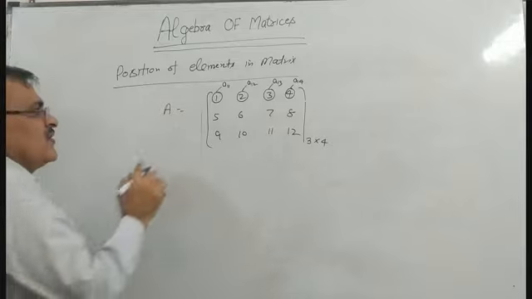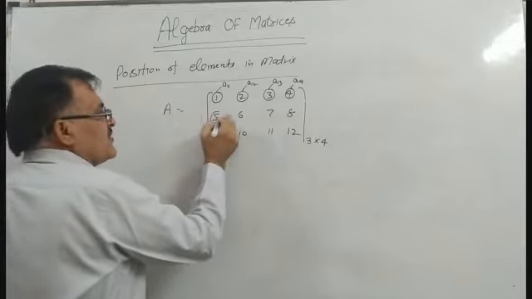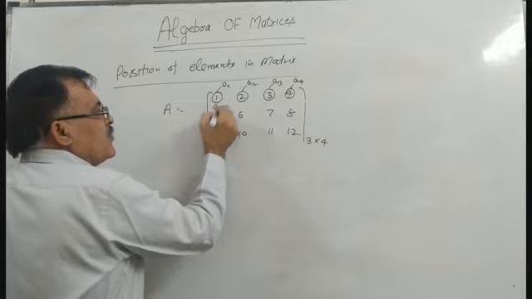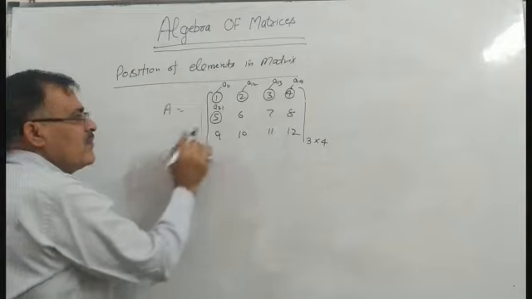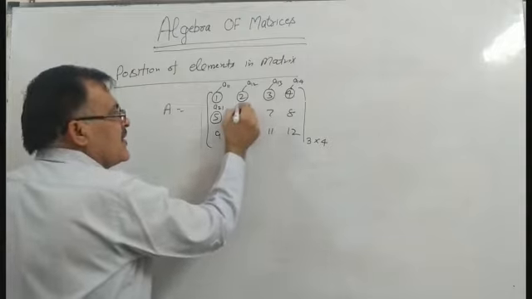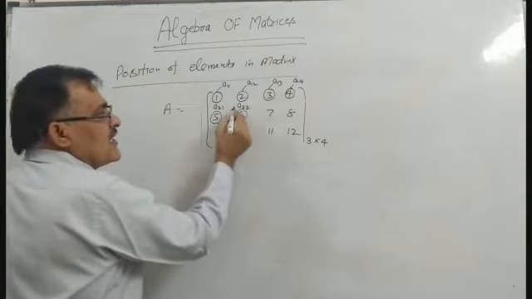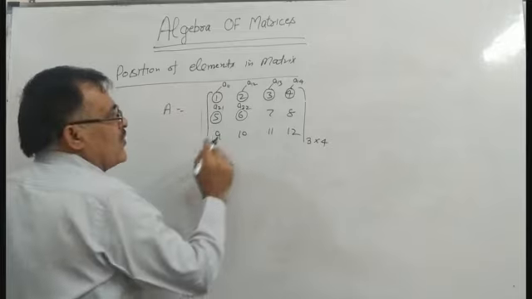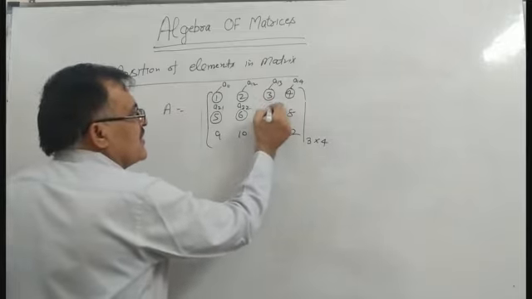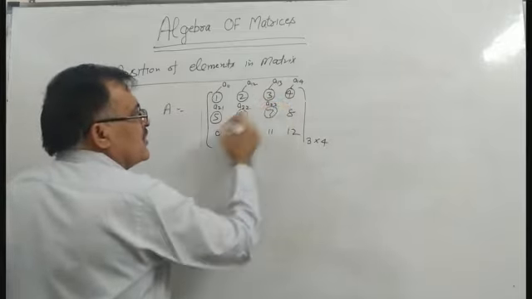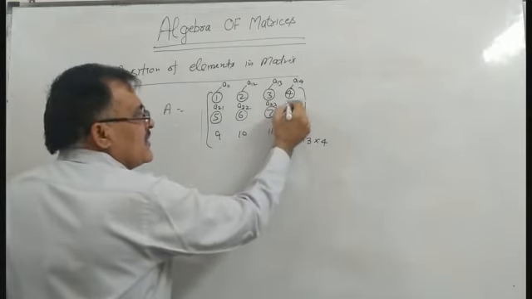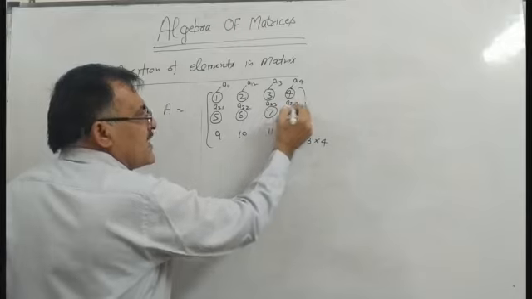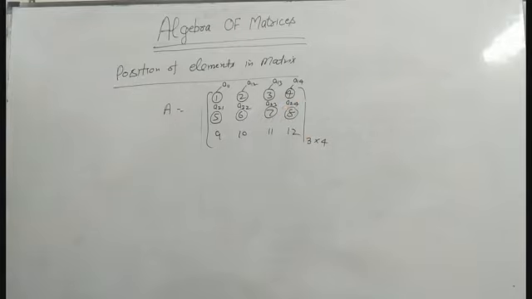In the same way, we can say the address of this, A21, means second row, first column. This is A22, second row, second column. This is A23, second row, third column, and this is A24, second row and fourth column. This is the address of the elements.